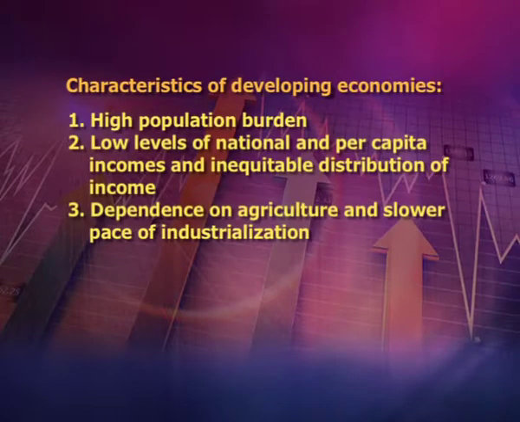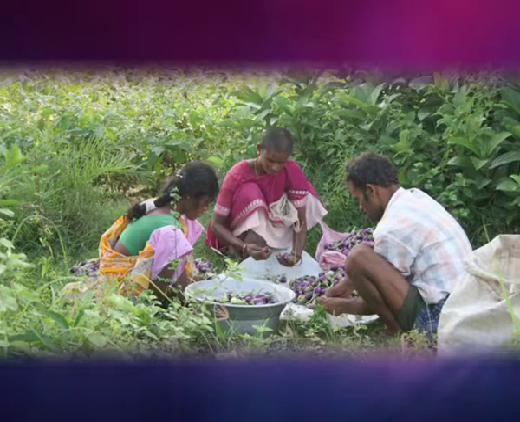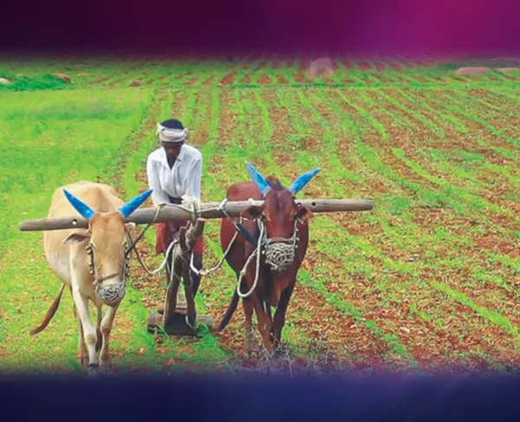Now friends, developing countries are those countries where there is high dependence on agriculture and a slower pace of industrialization. This is another characteristic. These countries are highly dependent on agriculture for employment and generation of national income.